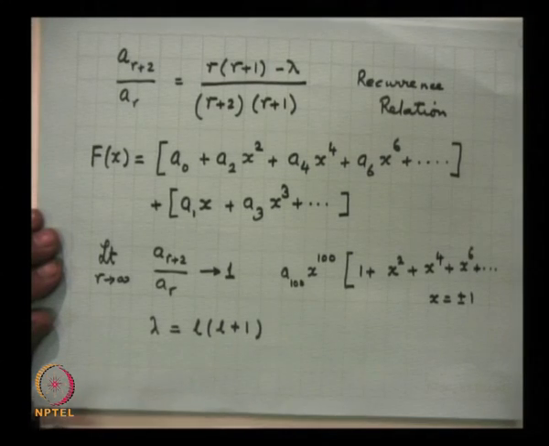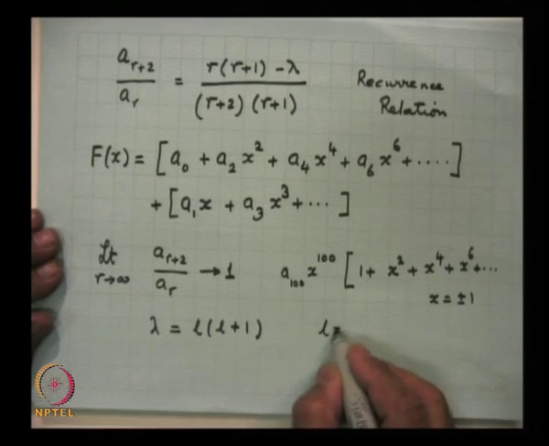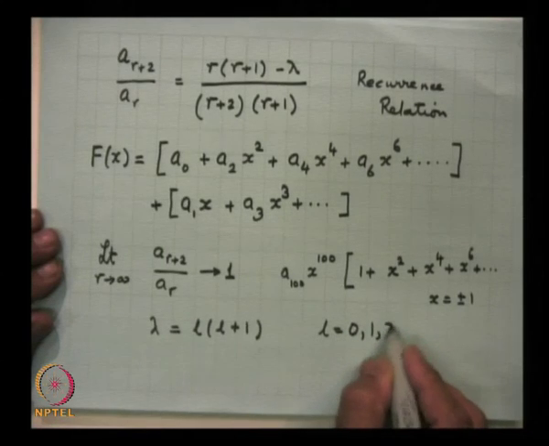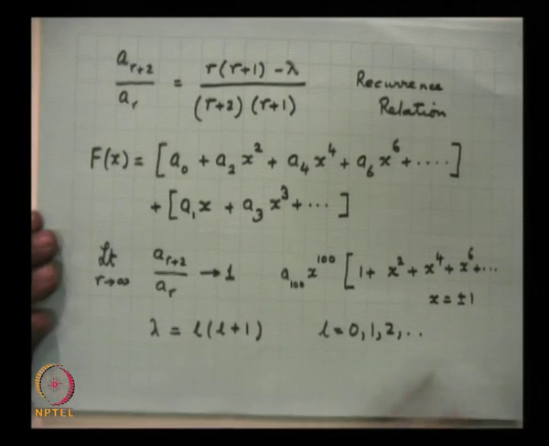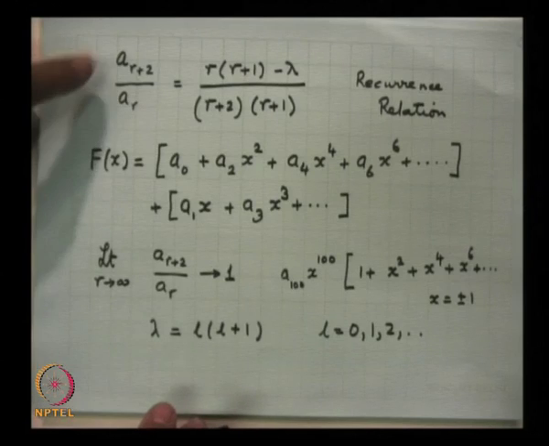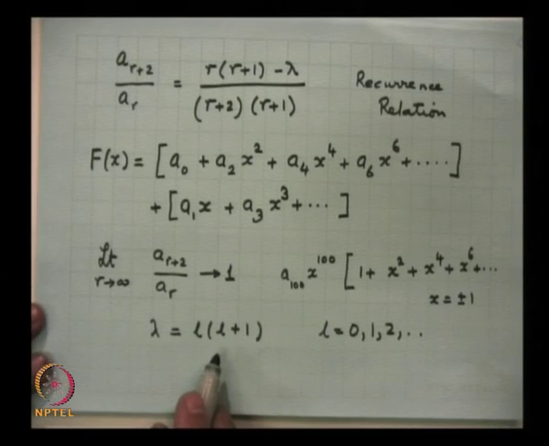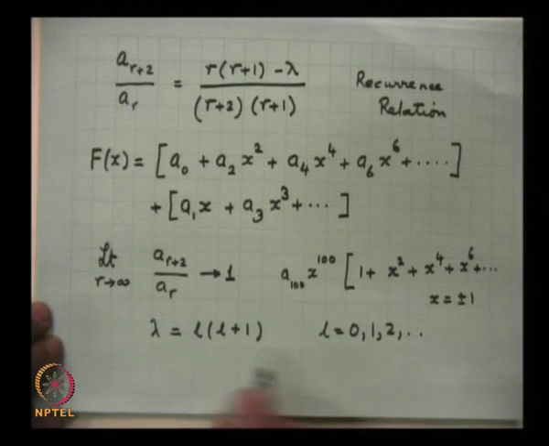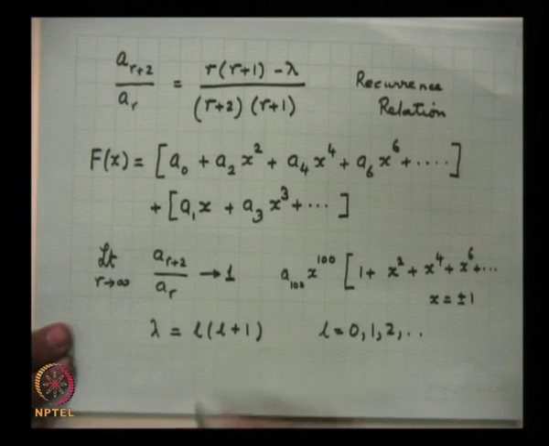If lambda is equal to L into L plus 1, that is L is equal to 0, 1, 2, 3, then and only then will one of the infinite series become a polynomial. Let me illustrate this. Let us suppose I take L equal to 2.